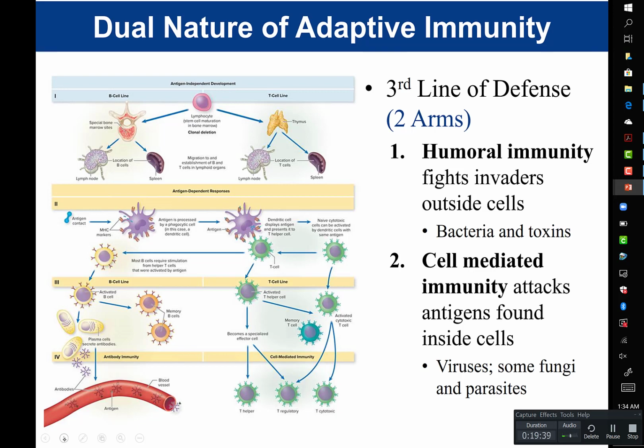Cell-mediated immunity is formed by our T cells, and the tissue where T cells will mature and develop would be in the thymus. And so the thymus is going to produce those T cells, and then those T cells, specifically our cytotoxic T cells, are used to fight pathogens inside the cell. And so we're going to look at more detail of how these 2 branches of immunity occur.